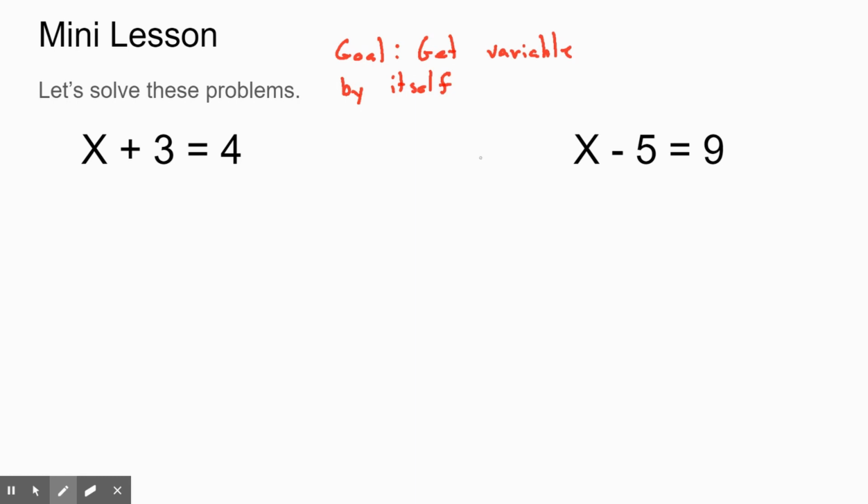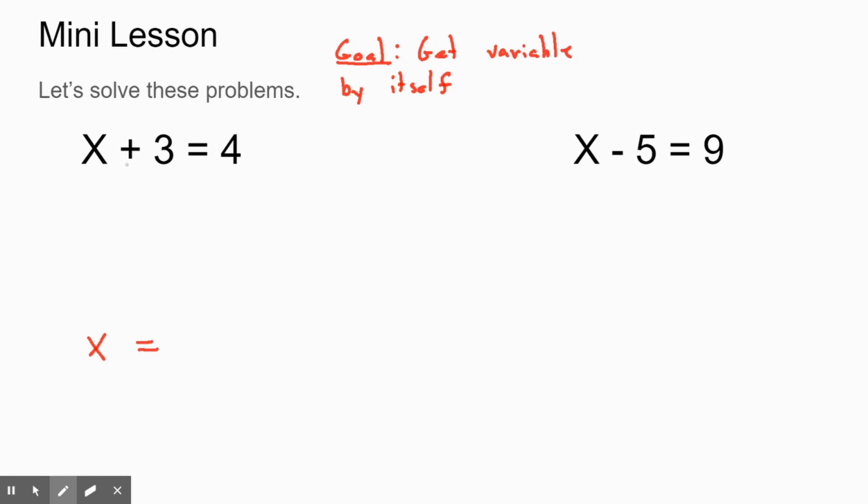That way you remember what it is that you're trying to do. That means in this first problem, we eventually want to get x by itself is equal to some number. Same thing with the second problem, but let's do the first one first.